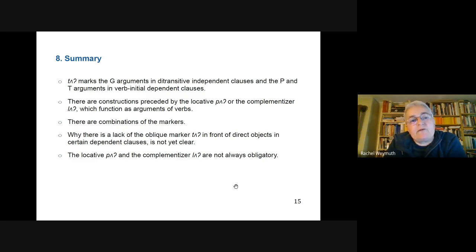There are also combinations of the markers, and why there is a lack of the oblique marker ta in front of direct objects in certain dependent clauses is not yet clear. And what I didn't say so far, the locative pa and the complementizer la are not always obligatory. And of course, everything of this needs more research.